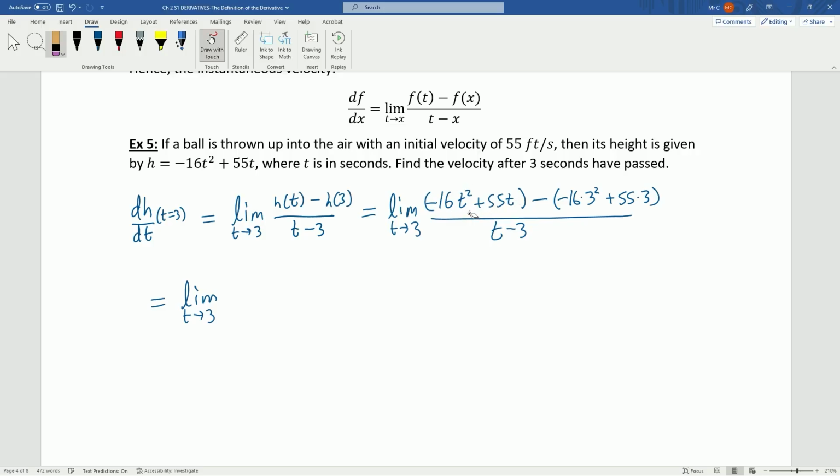Now nothing's being applied to this parentheses here, so I can drop it and write just negative 16t squared plus 55t. And here, negative 16 times 9 is 144, so negative 144, plus 55 times 3, which is 165. So 165 minus 144 is 21. And then there's a negative being distributed, so that'll be negative 21.